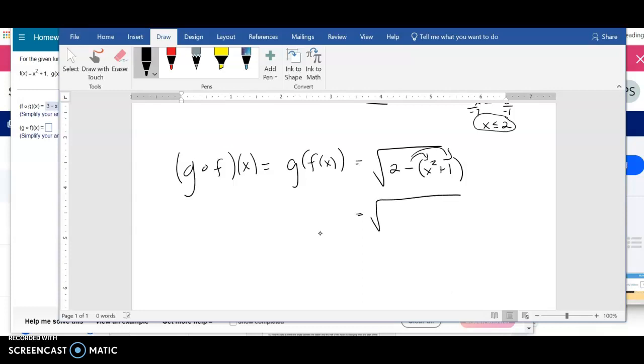I see that mistake all the time. I'd see 2 minus x squared plus 1, but it's 2 minus x squared minus 1. 2 minus 1 is 1, and then I get that guy. Okay, so same thing. So this is a composite function, square root of 1 minus x squared.